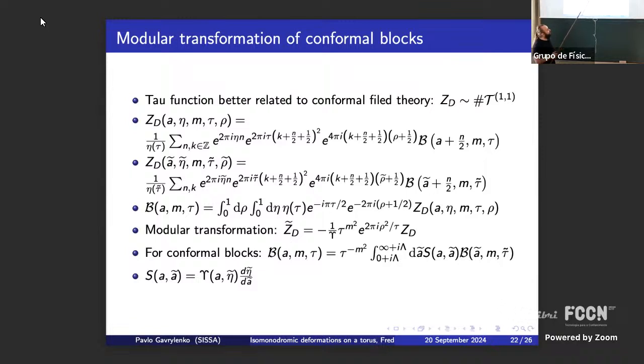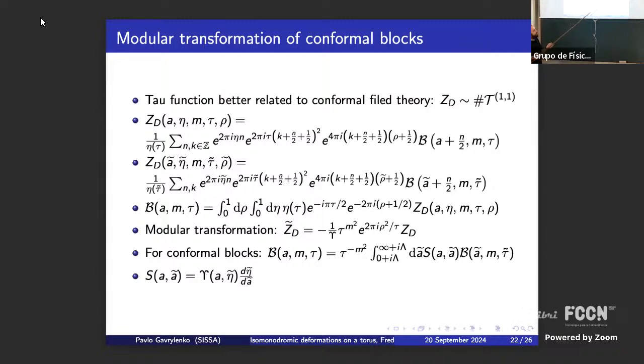Having this, we can also get the transformation property of the conformal blocks which appear in the formulas for them. We know that we have two Fourier series, for the tau function and for the dual tau function, and that modular transformation corresponds to multiplication by some function.